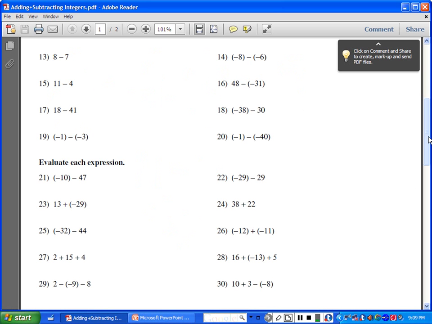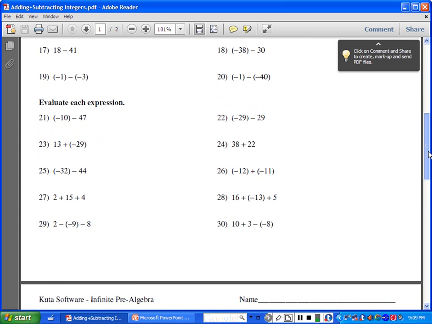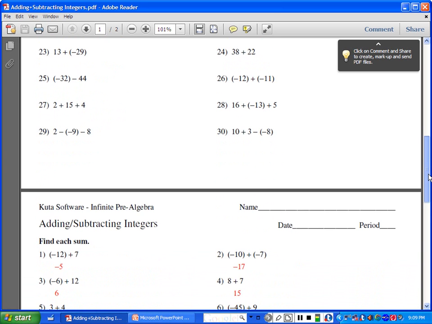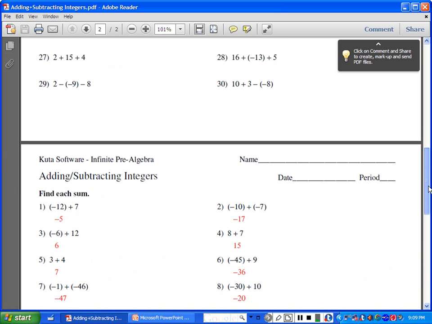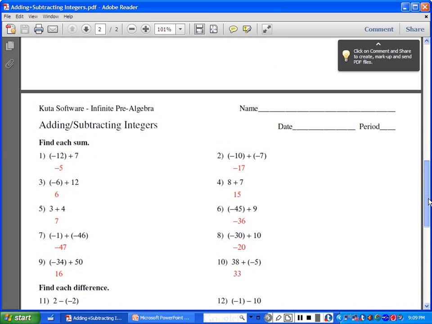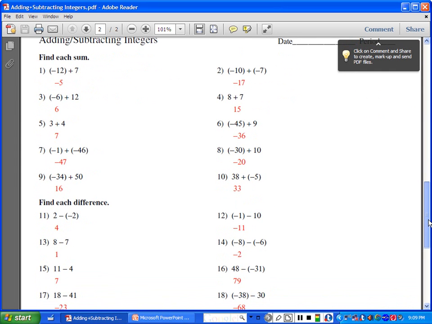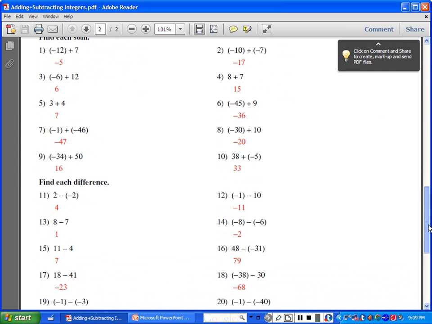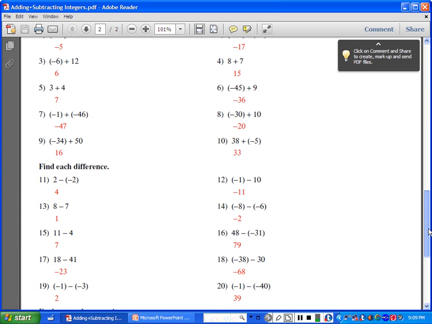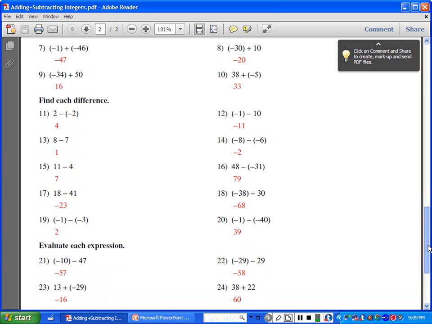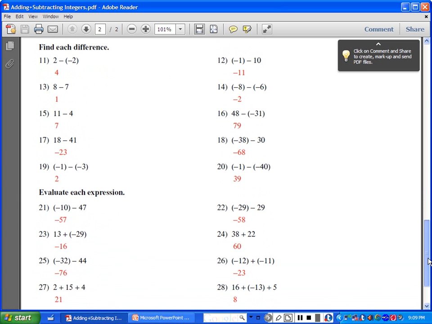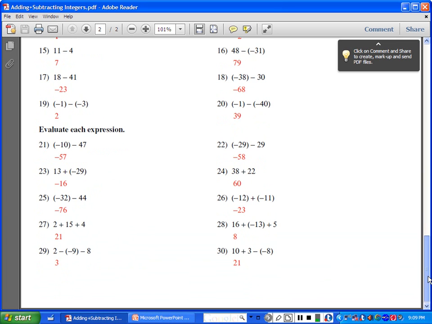So I'm going to scroll down this worksheet. I found this worksheet on the internet and they were nice enough to put the answers here. So I'm going to show you the answers. If you want to go ahead and work some of the other problems out and check your answers, then you can do so.